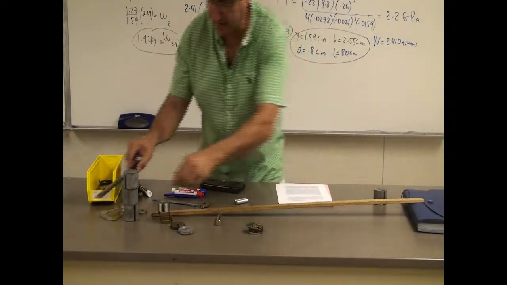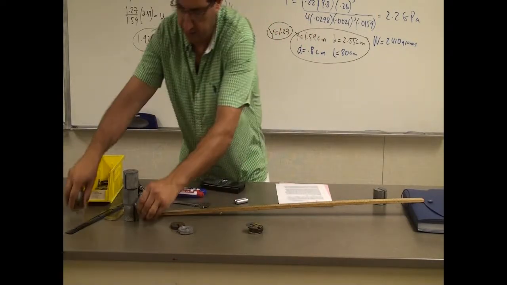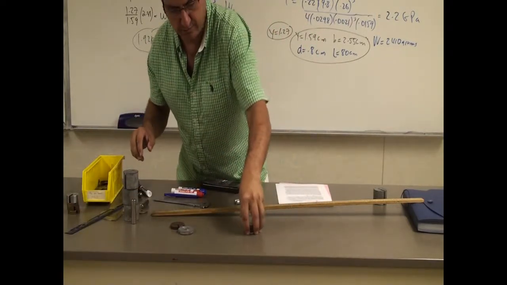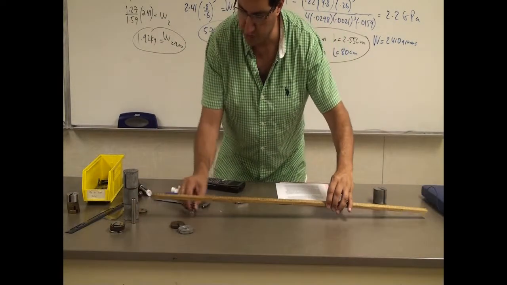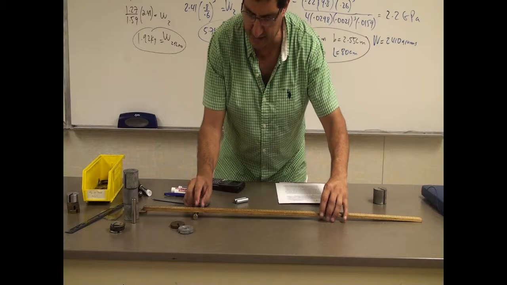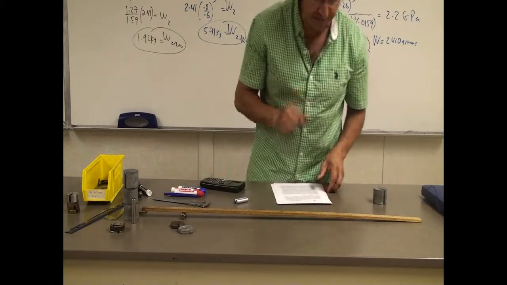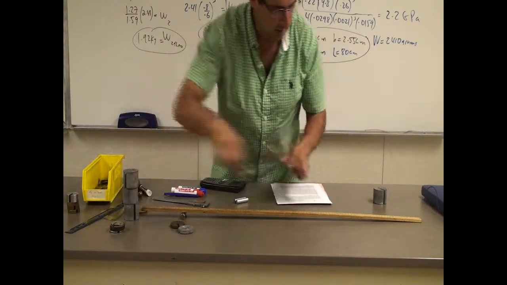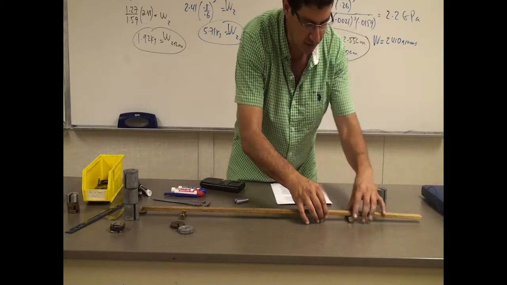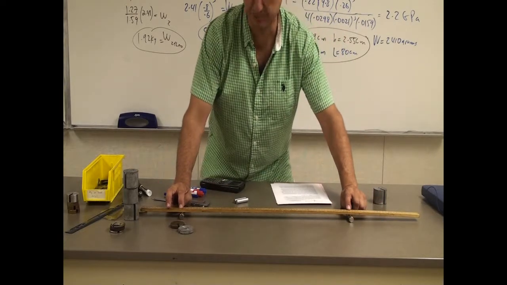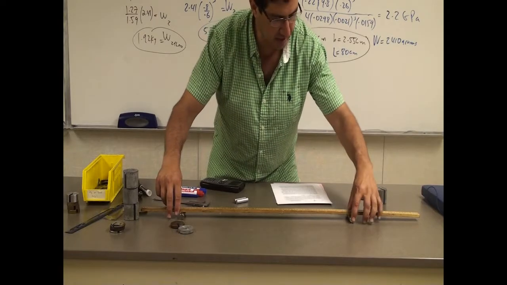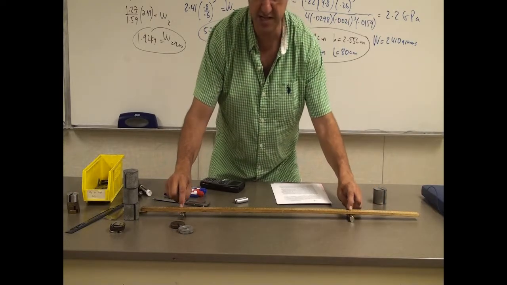Okay, so we're going to go back to the ruler, put the cylinders at the 85 and 25 centimeter mark. So the difference between 85 and 25, that's going to be 60 centimeters. So my effective L is 60 now.